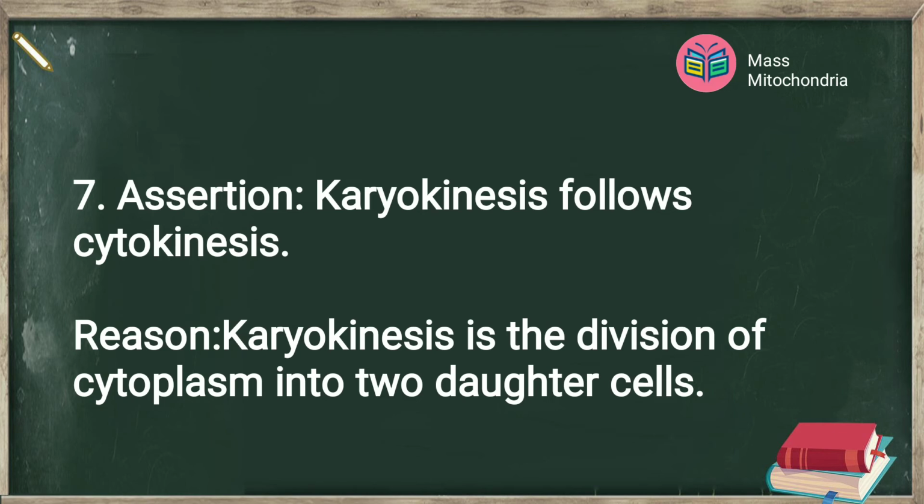Cytokinesis is followed by karyokinesis. Karyokinesis is the division of nucleus. This phase starts with nuclear division and separation of daughter chromosomes and leads to the division of cytoplasm. So the right answer is option D. Assertion as well as reason is false.